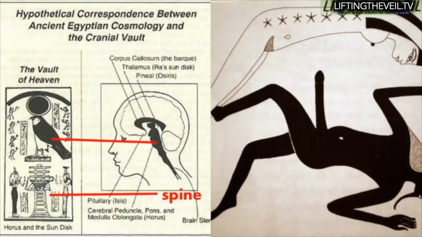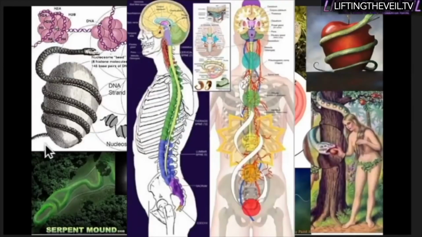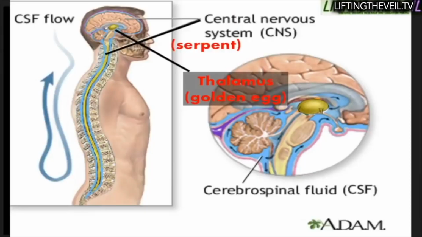The vault of heaven, and the vault of heaven below the waist, below the belt, is that the serpent represents the human spinal column, and that human spinal column, the kundalini serpentine energy, ascends up the spinal column to the pineal gland inside the center of the skull. The spinal column is the column which holds up the cosmic pillar.